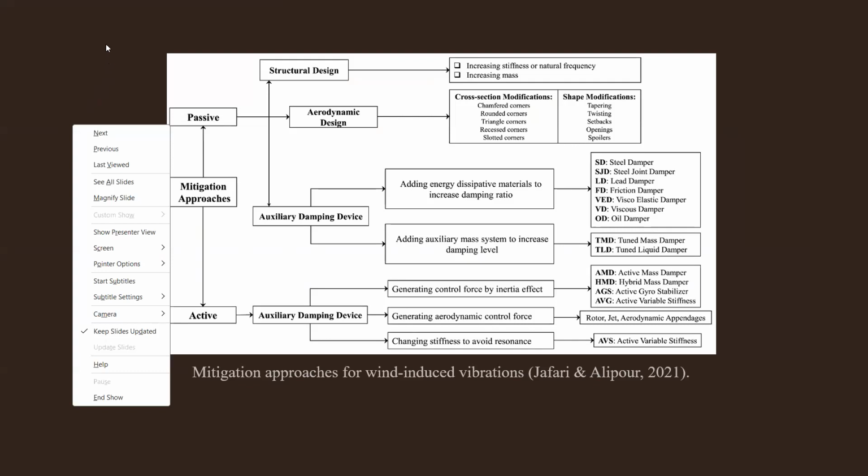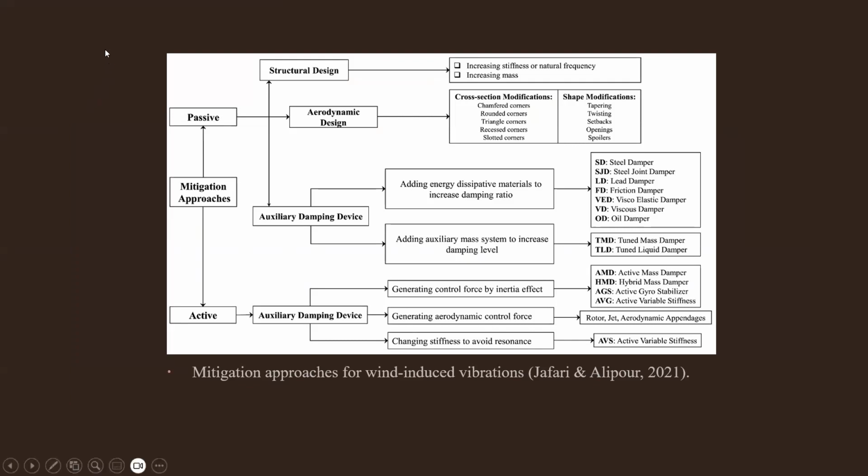In this picture, we have the mitigation approaches that are used for wind-induced vibrations. From this flowchart, we can see that there are two mitigation approaches, one called the active approach and one called the passive approach. The active approach would be a more interesting approach due to the usage of damping devices.